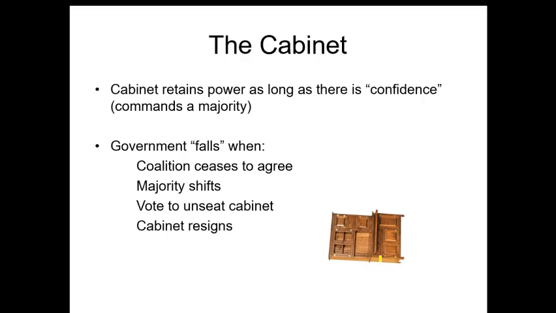The majority could potentially shift. So what's happening here is the coalition that's in control of the government is not what was originally intended when it was first formed. So there's something going on that is causing problems, and therefore, another way of putting it, losing confidence in that ruling body. And there could be a vote to unseat the cabinet, which could result in falling government or lack of confidence in the government, or the cabinet could resign for some reason.